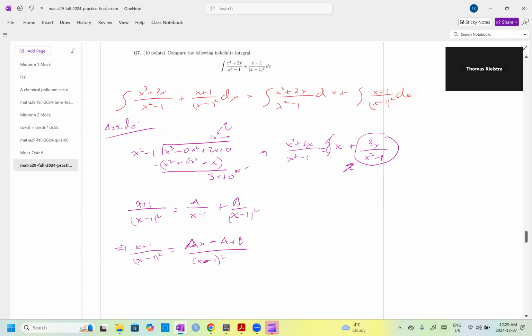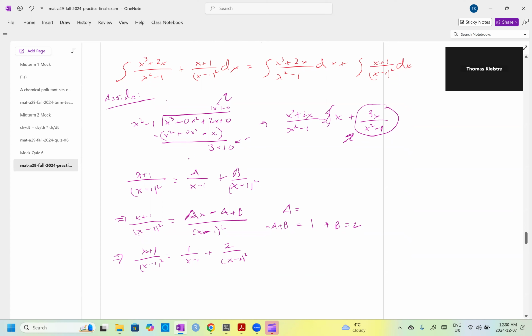Matching coefficients, we get a equals 1 and minus a plus b equals 1, which implies that b equals 2. This implies that x plus 1 over x minus 1 squared equals 1 over x minus 1 plus 2 over x minus 1 squared.